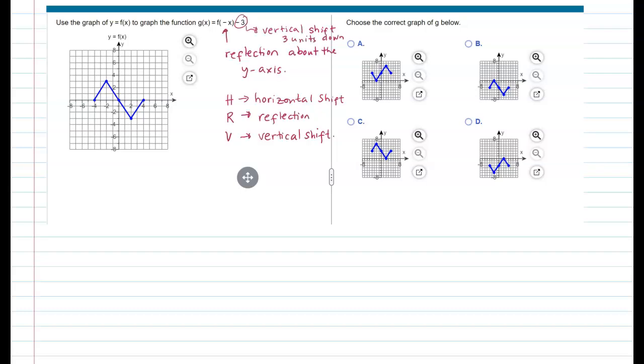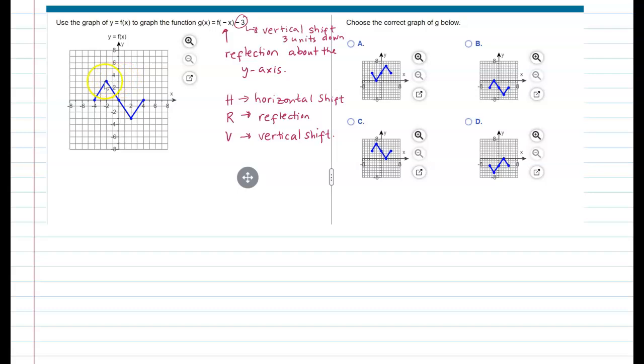So first, our curve, to reflect this, that means you're going to, for instance, this point here, negative 4, 0, that would go to this point here, positive 4, 0.